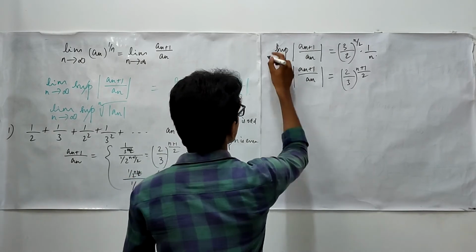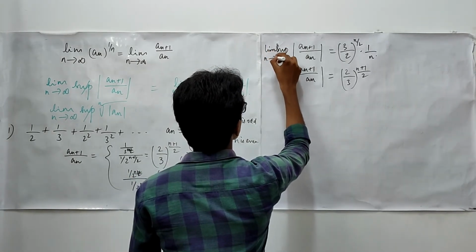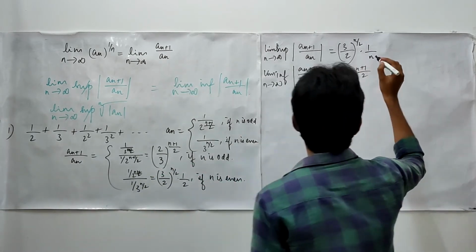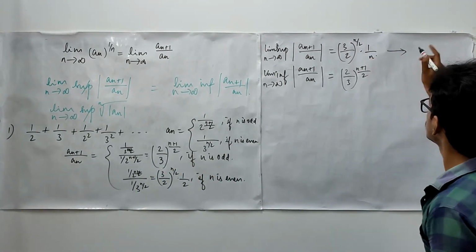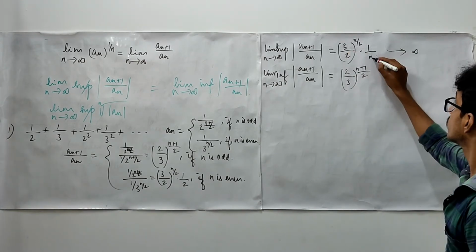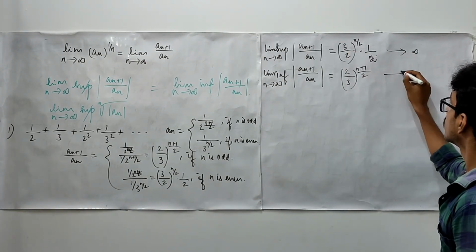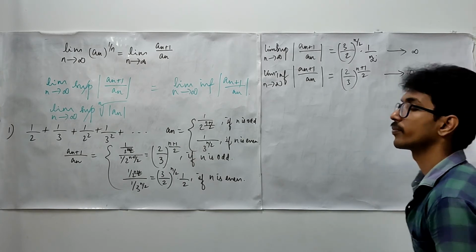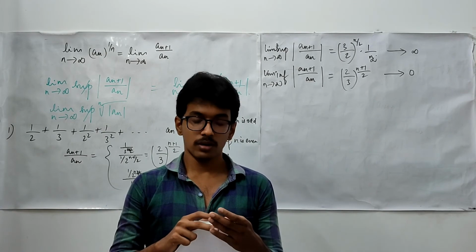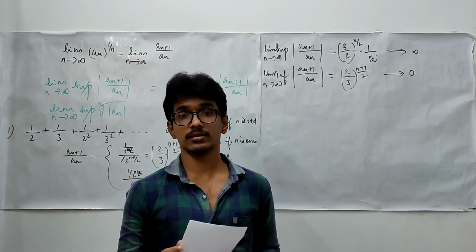Right? If you take the limit as n approaches infinity of these two things, what are you going to get? This approaches infinity since this quantity is bigger than 1. Right? Sorry, here we have 2. And this quantity approaches 0. By the ratio test, can you say anything about the convergence of this series?